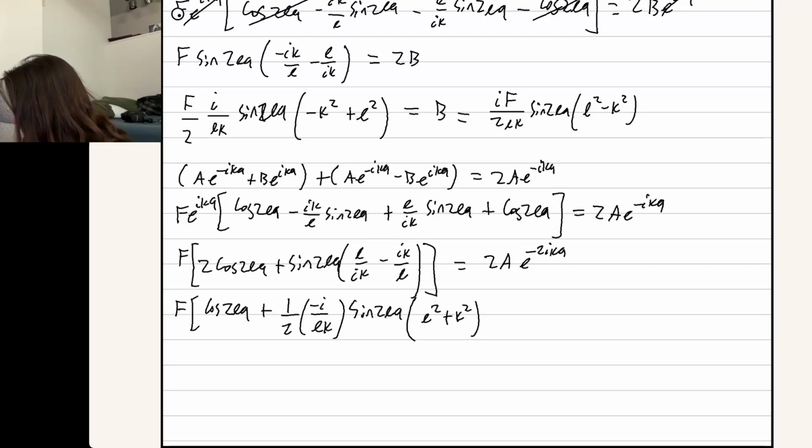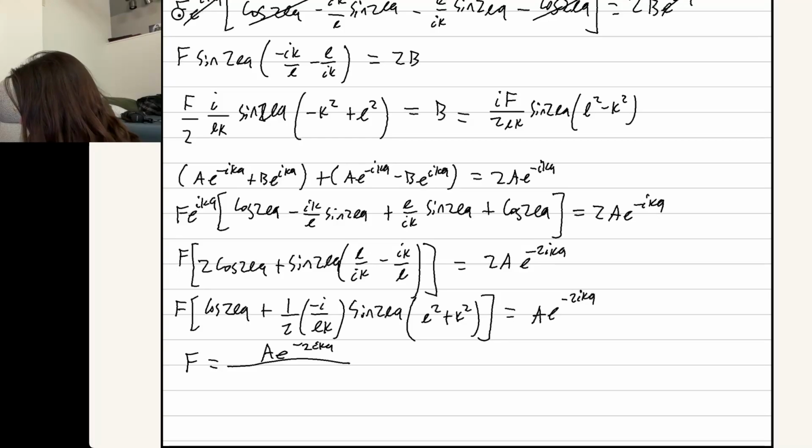Pretty cool stuff. And then on the right hand side is now just a e to the minus 2ika. And then we can put f on one side and the other stuff on the other side to get the same equation that Griffiths got as well.